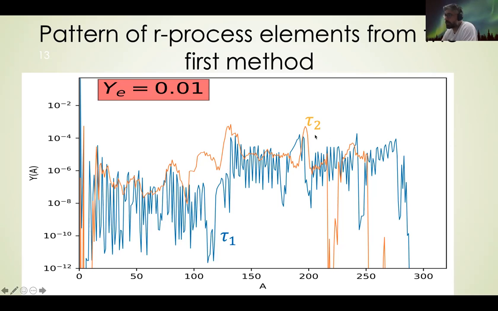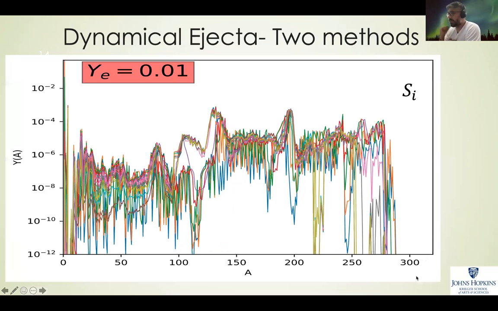Here tau2 is 50 milliseconds, tau1 is 10 milliseconds, and Ye is 0.01, and you can see we actually reach more than 300 atomic mass number.